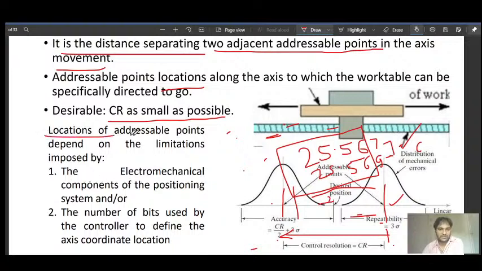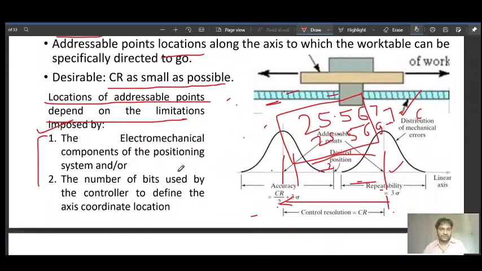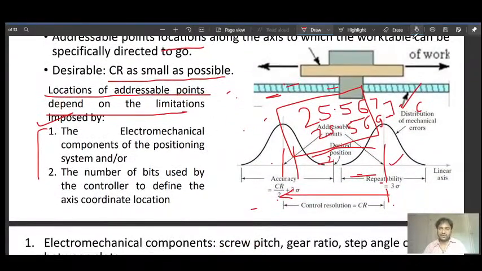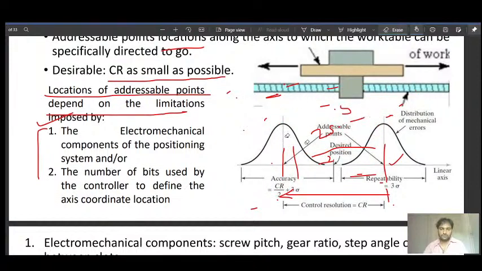So the location of addressable points depends on the limitations imposed by two factors. The first one is the electromechanical components of the positioning system.